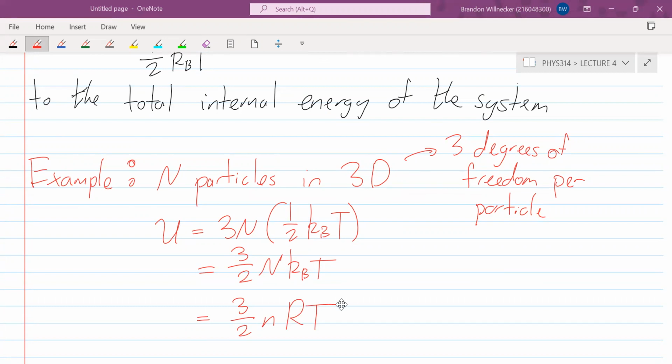So if you want to work in number of particles, you use this one with capital N being the number of particles, or you can work with this one with little n being the number of moles, but it's exactly the same thing.